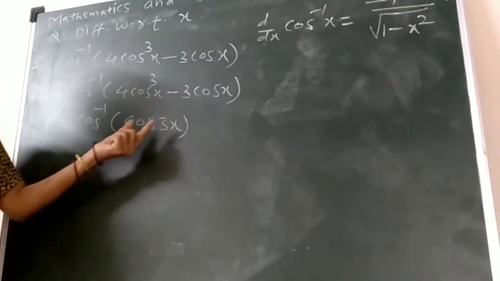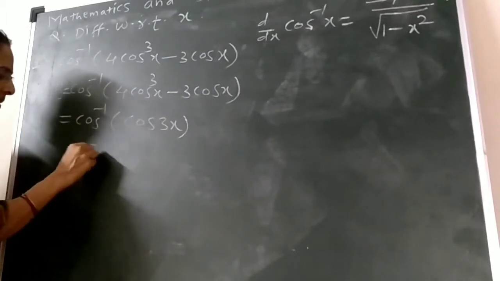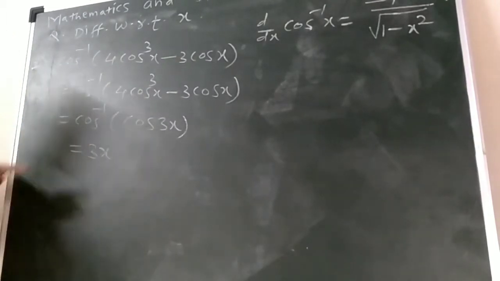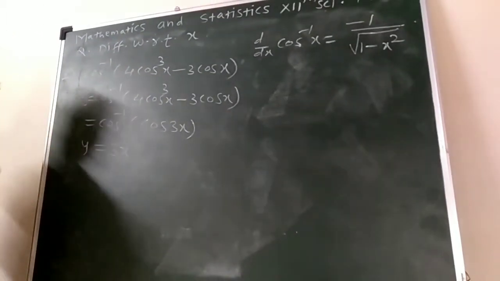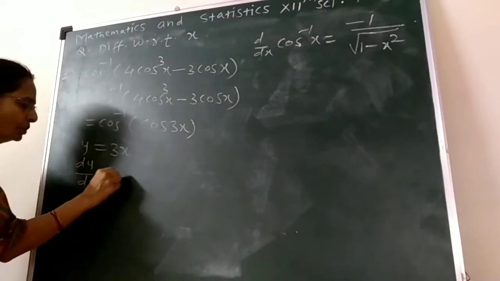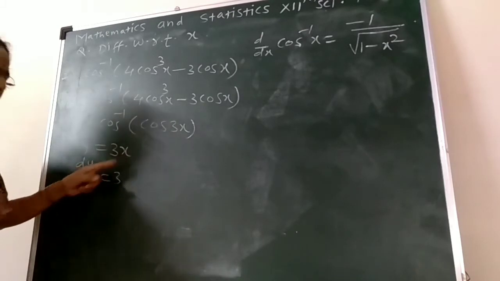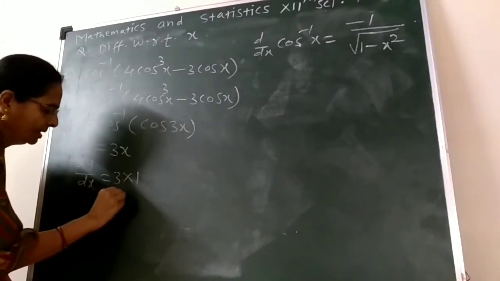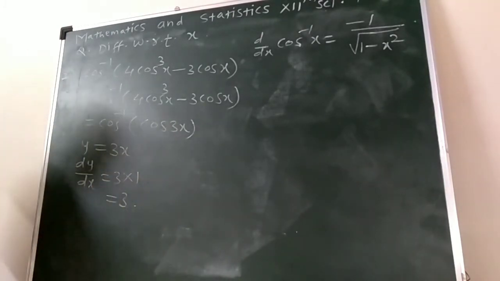Cos inverse cos 3x is equal to 3x. This is value of y. So derivative dy by dx is equal to 3 into derivative of x, which is 1, that is 3. This is the answer.